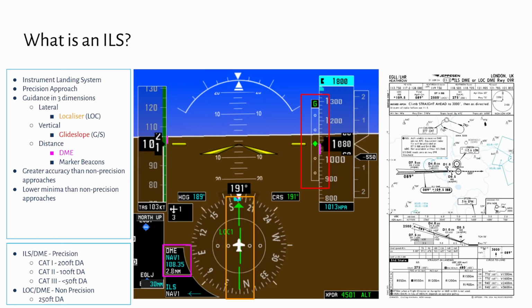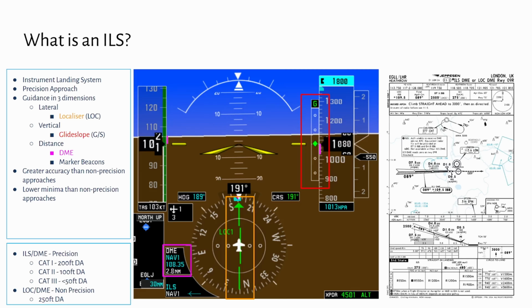So it's quite a difference in bad weather conditions. You can also get Cat 2 and Cat 3 ILSs, which are either 100 feet or less than 50 feet. However, these require special aircraft equipment, which a lot of general aviation aircraft won't have.